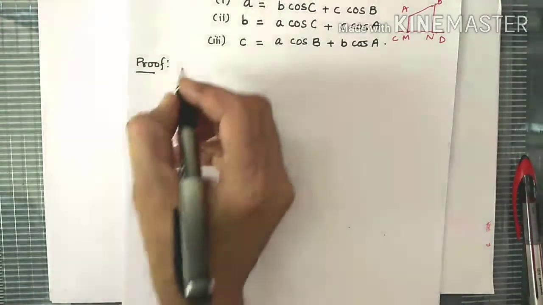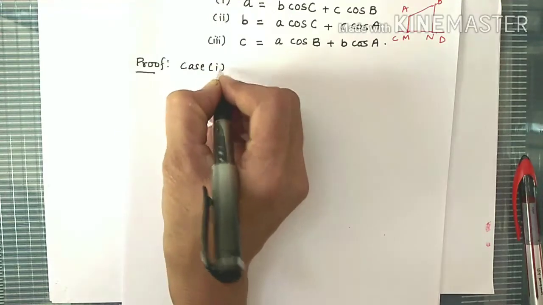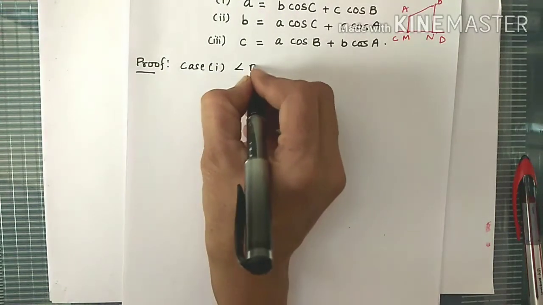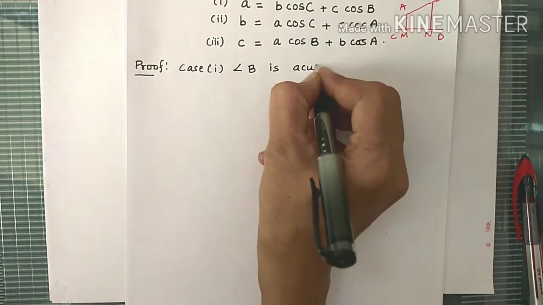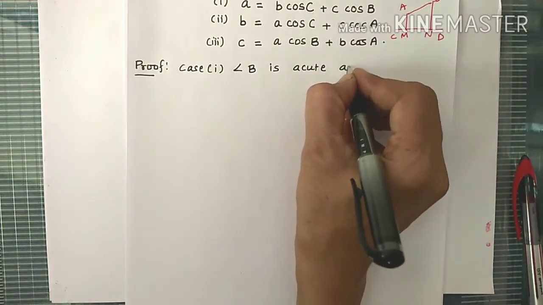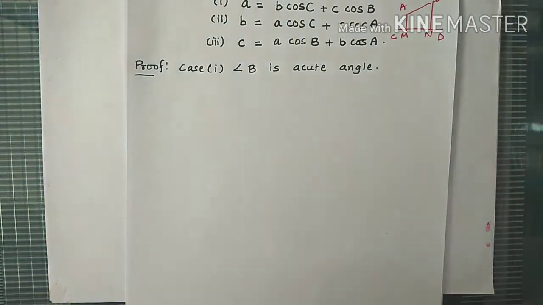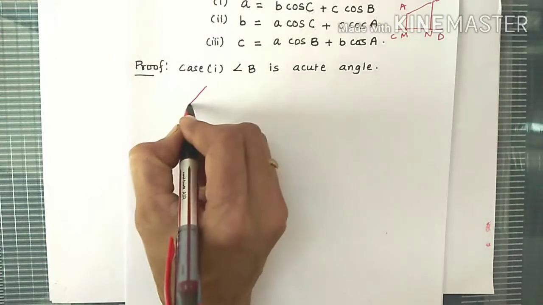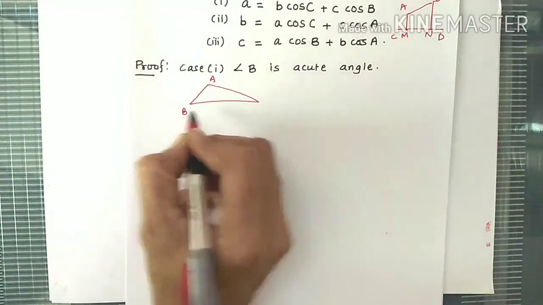So first of all, let's see case 1, angle B is acute angle. Let's draw triangle ABC with B acute angle. So let this be triangle ABC.